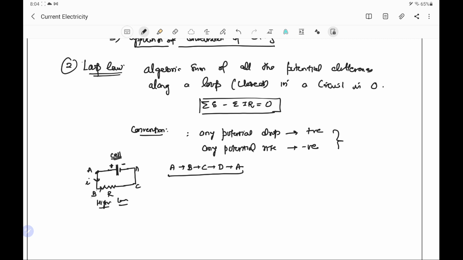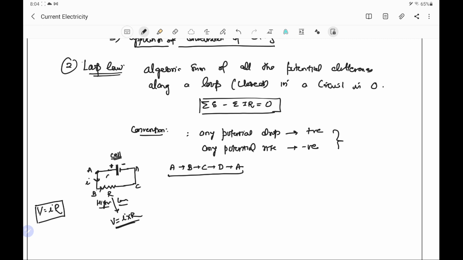Therefore, we are moving from B to C in the direction of potential drop. The voltage drop across this resistor is current into resistance, V equals IR, as per Ohm's law.